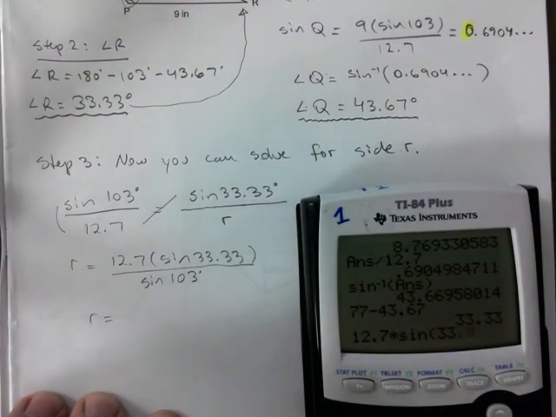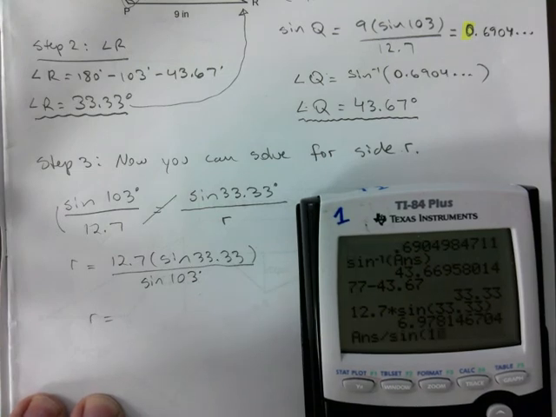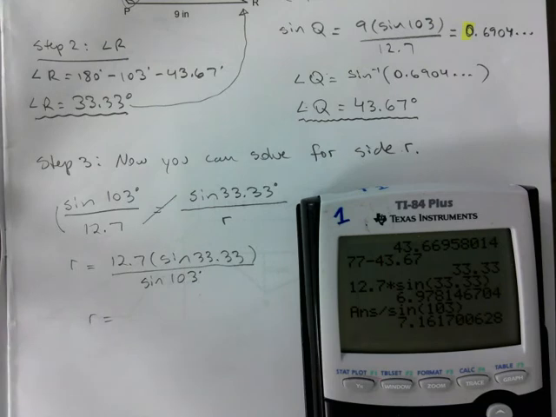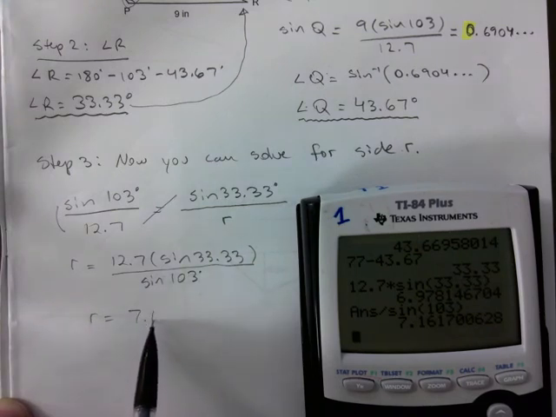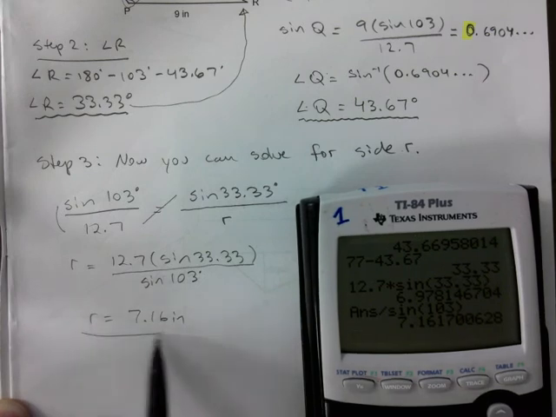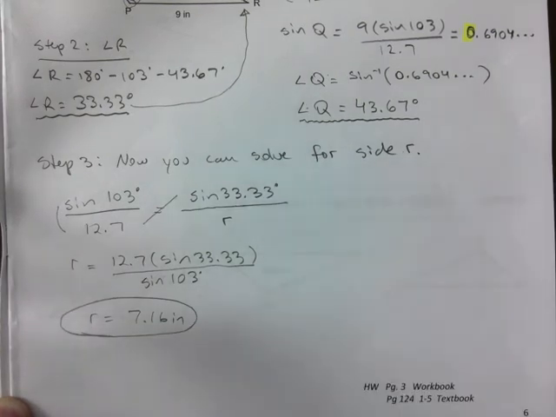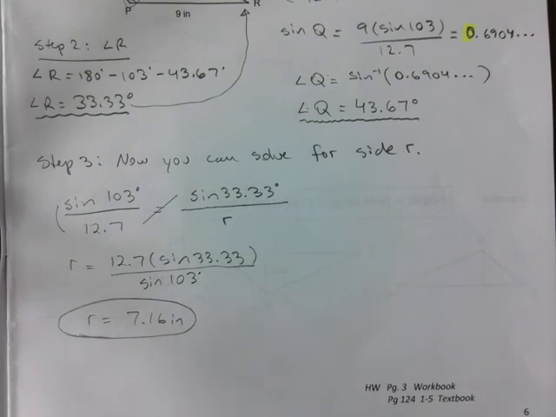Let's do this. 7.16, right? That is the ultimate. That's the one you circle. That's the one the question was asking for.